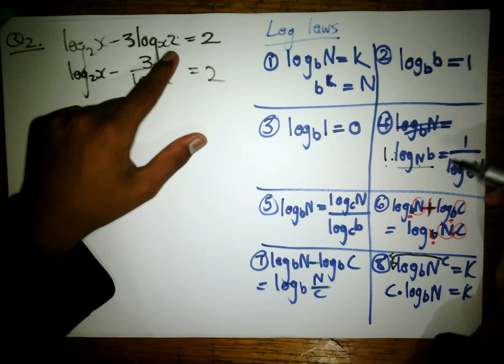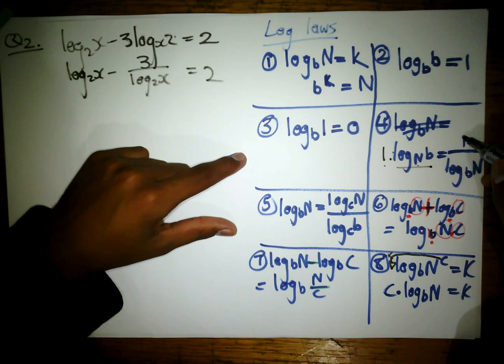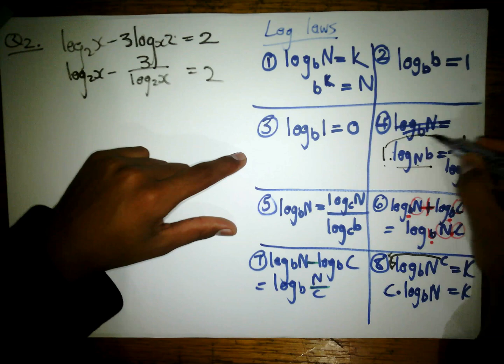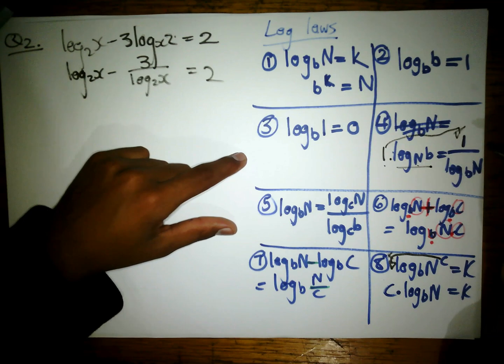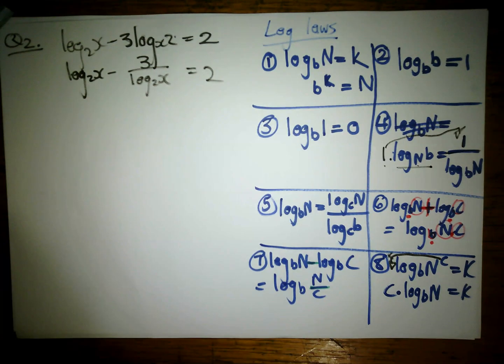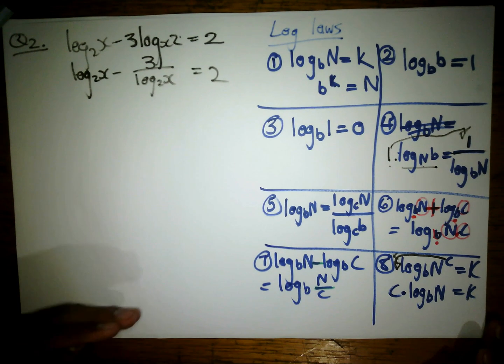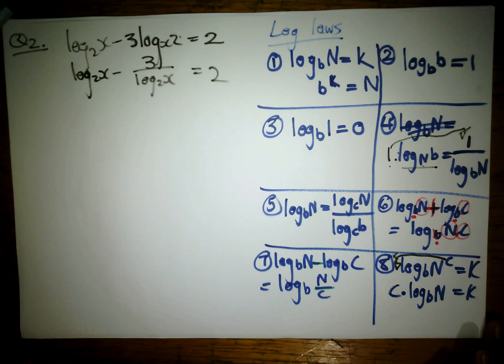Then the inverse to swap the base and the number around is 1, this number, that number, over log, now the inverse 2x. That's simple. That's how you apply the law. Very straightforward. But you must know that the law exists. You know how to use it, when you can use it, when you're supposed to use it.